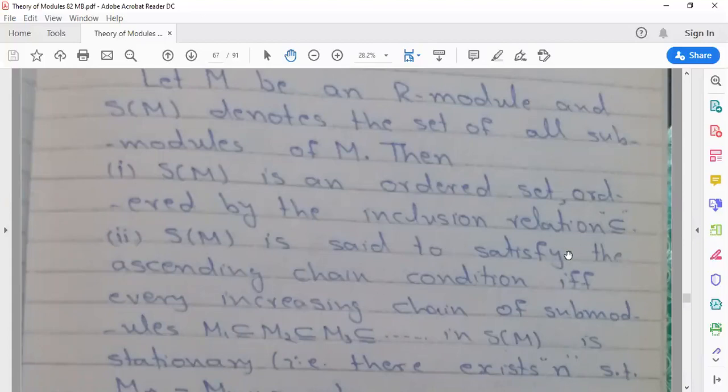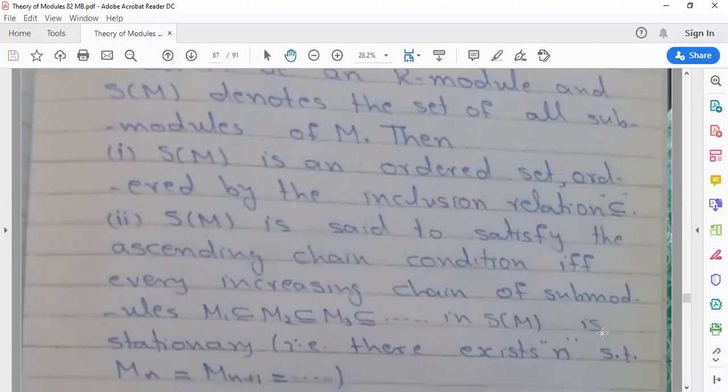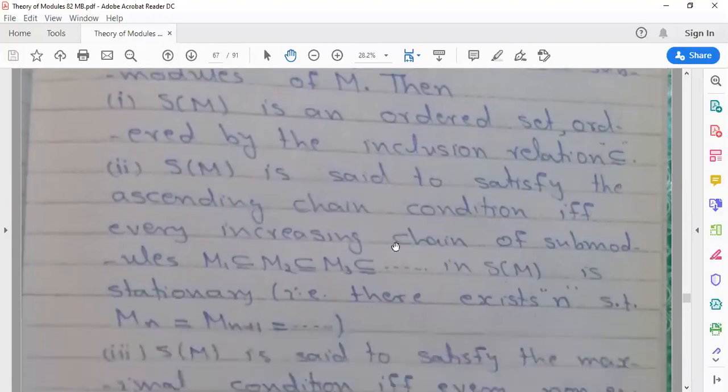Sm is said to satisfy the ascending chain condition if every increasing chain of submodules M1 is contained in M2 is contained in M3 and so on is stationary. Stationary means that at some time in this increasing chain a stage comes when repetition starts, like Mn is equal to Mn plus 1 equal to Mn plus 2 equal to Mn plus t.